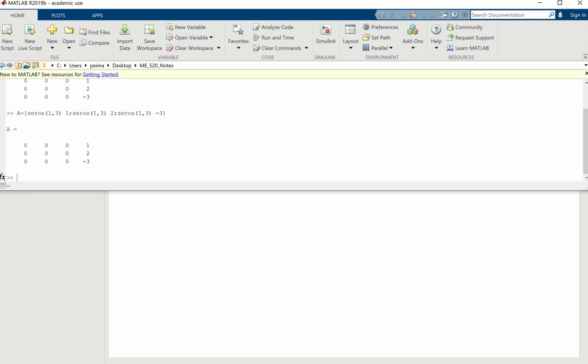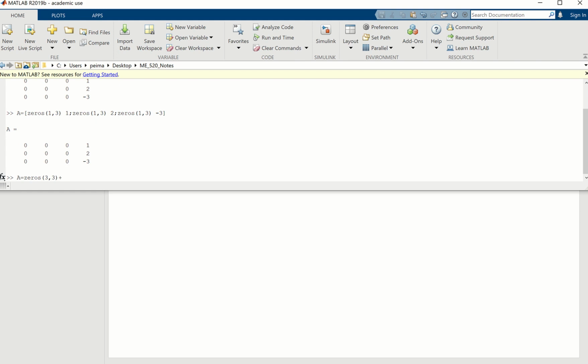Now, as a homework, try to find another way by using the zeros command to generate this matrix. One way is this: A is equal to zeros of 3 and 3, meaning generating a matrix of 3 by 3, this part. And plus what?